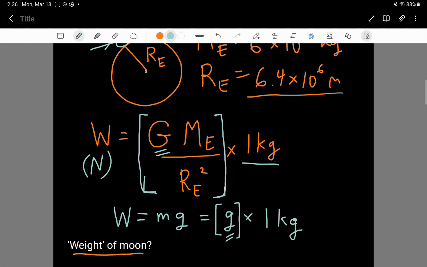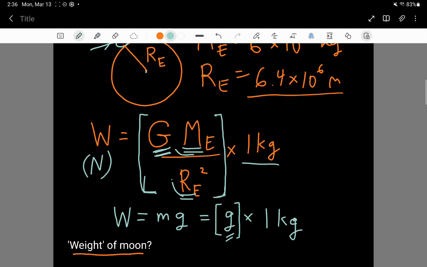So 9.8 meters per second squared, it's because capital G has its value, the mass of the Earth has its value, and the radius of the Earth has its value. And because of those three values, 9.8 meters per second squared is the acceleration due to gravity of the Earth.